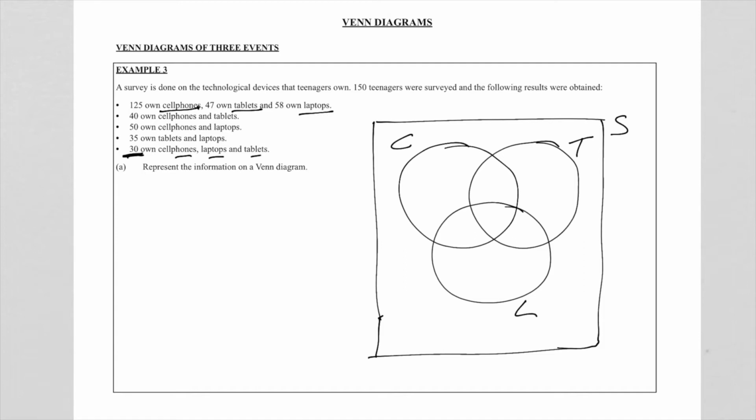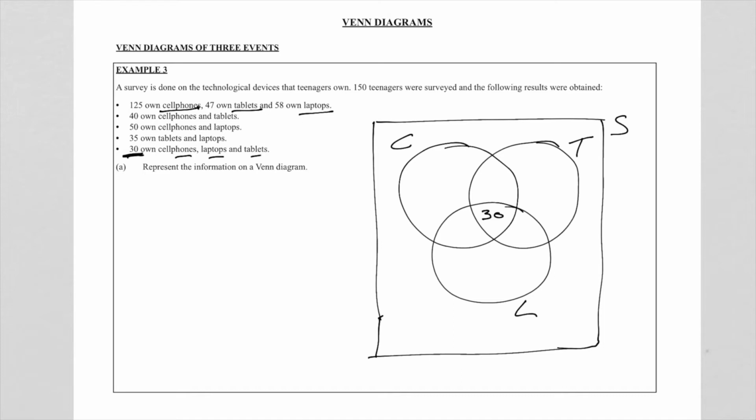Take note that we do not necessarily follow this information from top down. We look for what we want in a specific order. First of all, we find all three devices. Then we go for two devices and then one device. So that 30 must be here, and it represents all three devices.